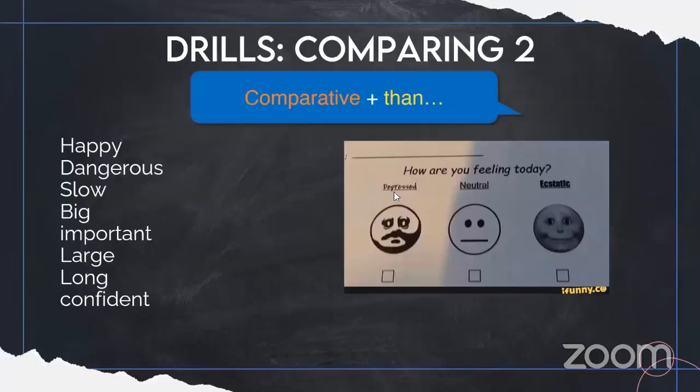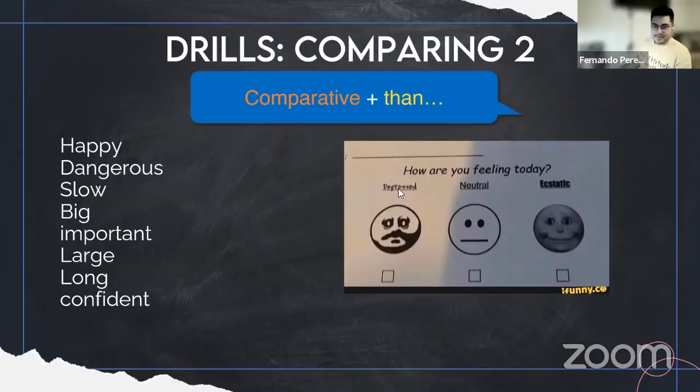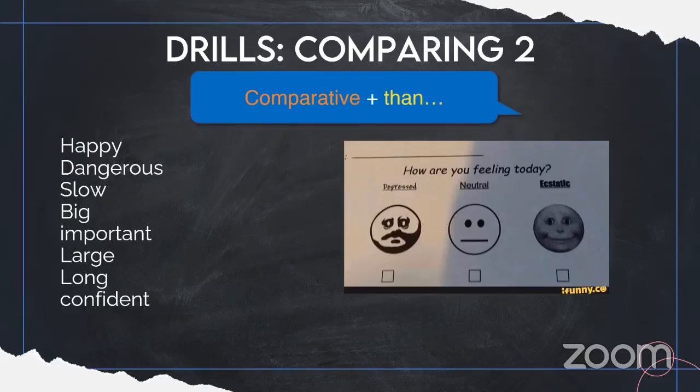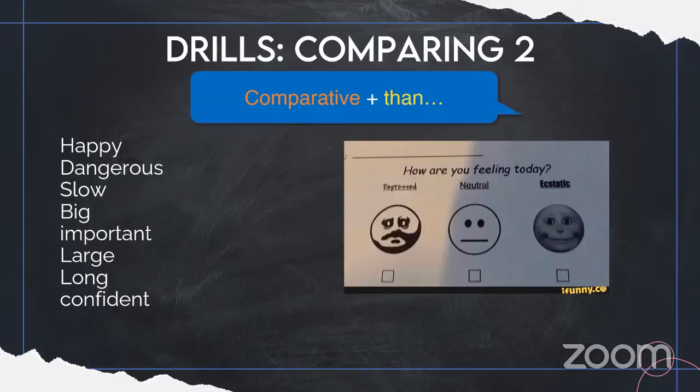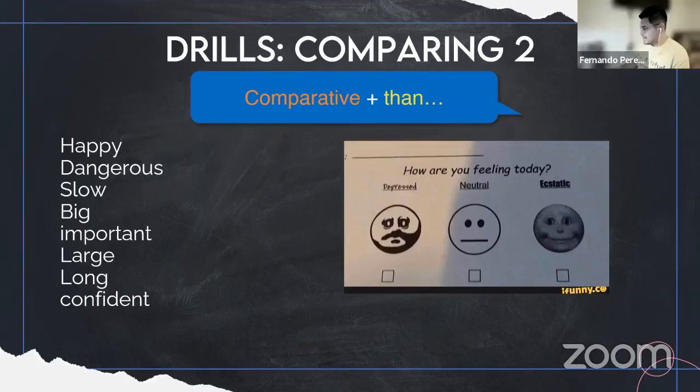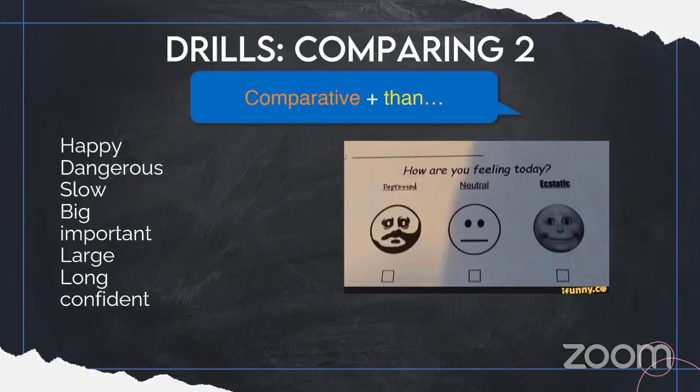You have the names: depressed, neutral, and ecstatic. The ecstatic face is more happy. Did you say more happy?